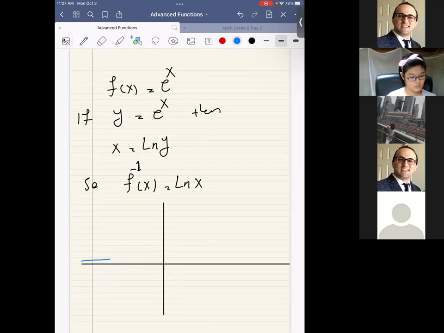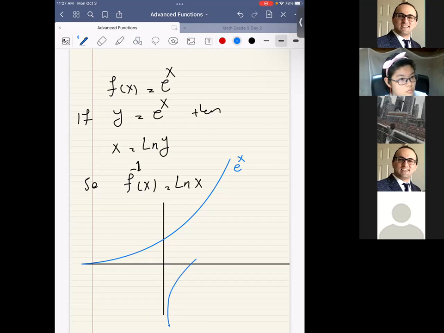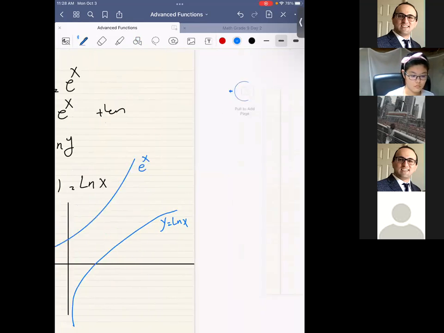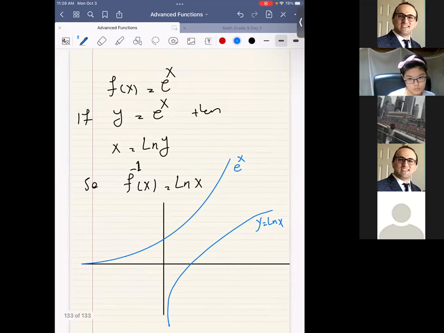One is e to the power x, going like this. And the other one is ln of x. So we have these 2 important functions which are inverse of each other.